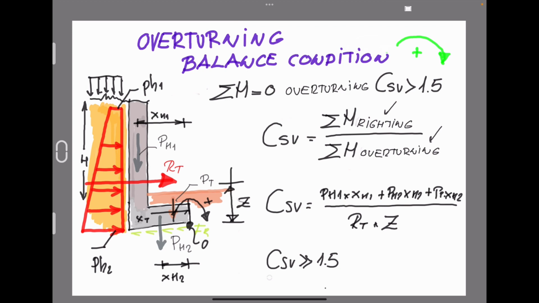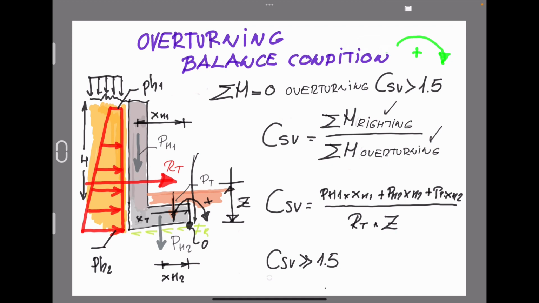For the righting moments, it is as simple as taking moments from this point, the heel of the retaining wall, for the self weights of the different parts of the retaining wall and even for the soil located over the foundation of the retaining wall.